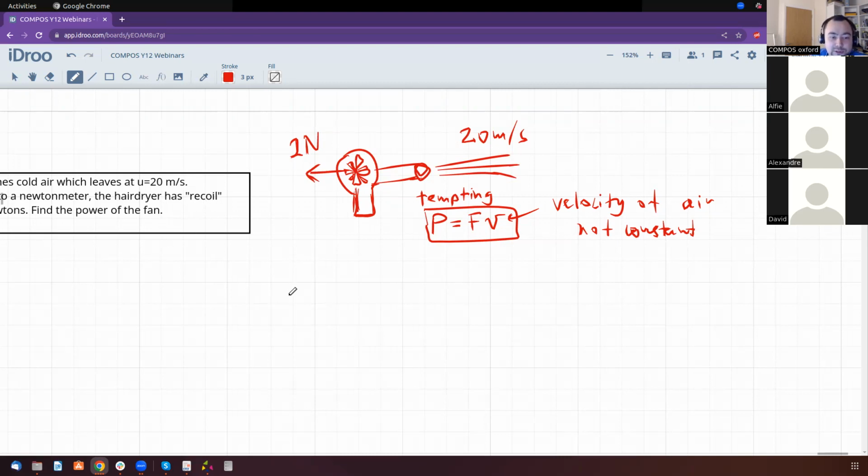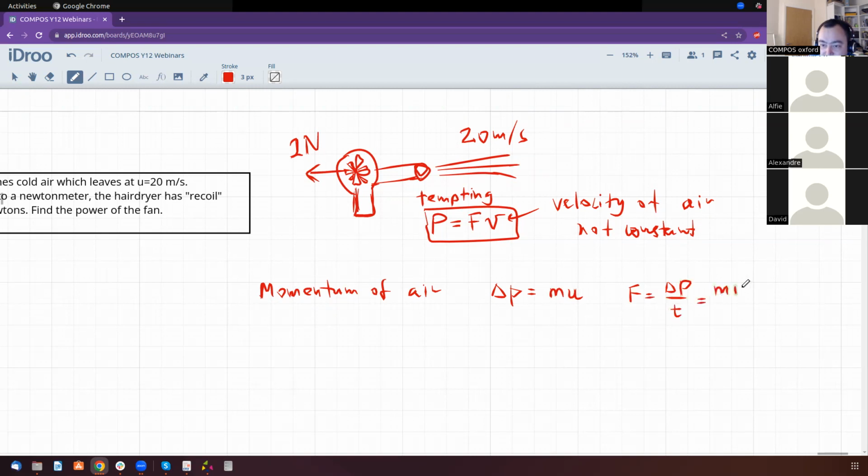So what you need to do is say, well, the change in momentum of the air is mu, and the force is the change in momentum divided by time.